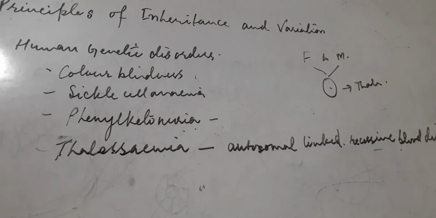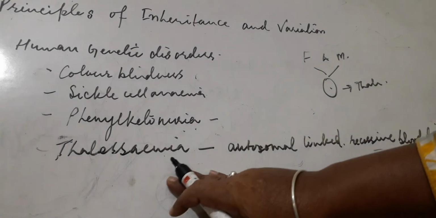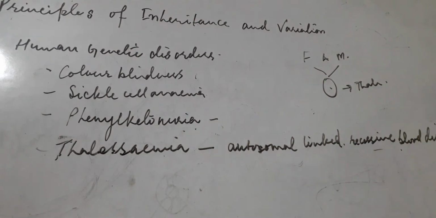As you know, sickle cell anemia is similar, but in that case one point mutation is there: one amino acid is replaced by another amino acid, but here the whole globin chain has been changed. So in this disease, RBCs are small, pale, and short-lived.